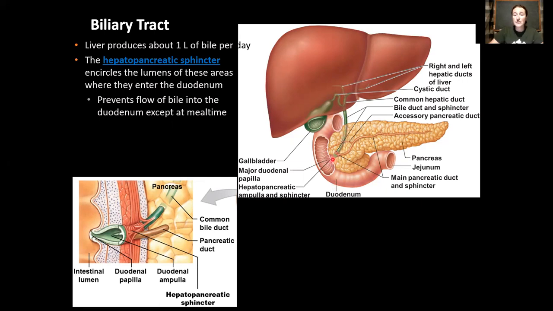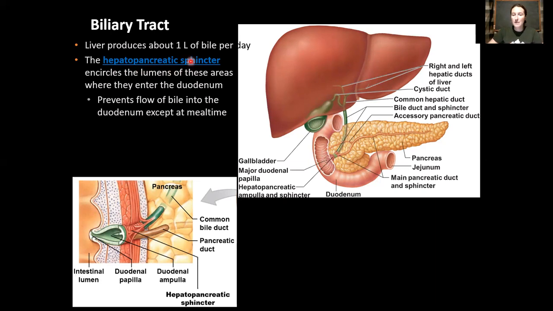Okay, there is a circular muscle, and circular muscles are going to become very important in this organ system. There is a circular muscle called the hepatopancreatic sphincter that is responsible for regulating how much of this bile, as well as some secretions from the pancreas, are going to end up in the duodenum.